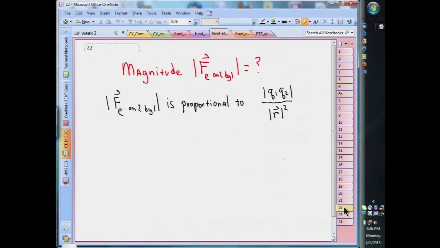We can combine all this together in a statement which says the magnitude of the force is proportional to the product of the magnitude of the charges divided by the square of the distance between the charged objects.